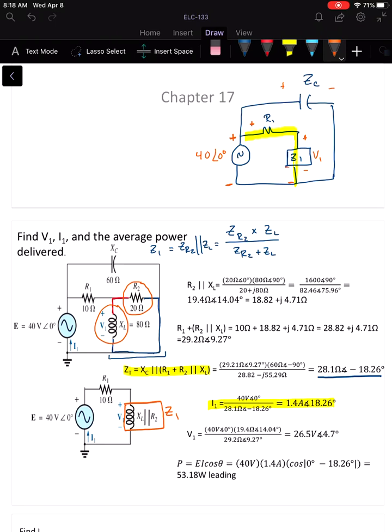The portion of the voltage that I'm looking for, of course, is the voltage across Z1. So I'm going to use the voltage divider equation, where for V1, I take Z1 over ZT times the total voltage across the divider. In this case, ZT is the impedance of this entire branch.